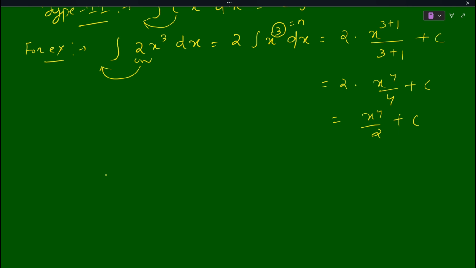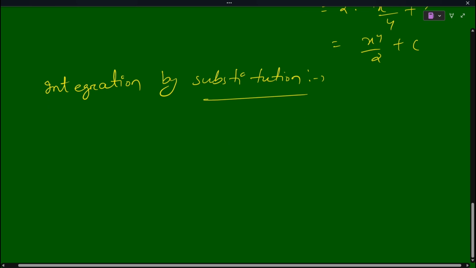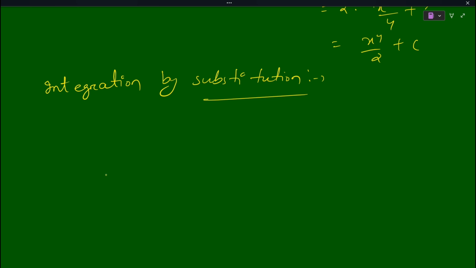Okay, so moving on to another type of integration, which is integration by substitution. A common integration which comes up while finding arc length is, suppose, the integral from 1 to 9 of the square root of 1 plus 9x dx.